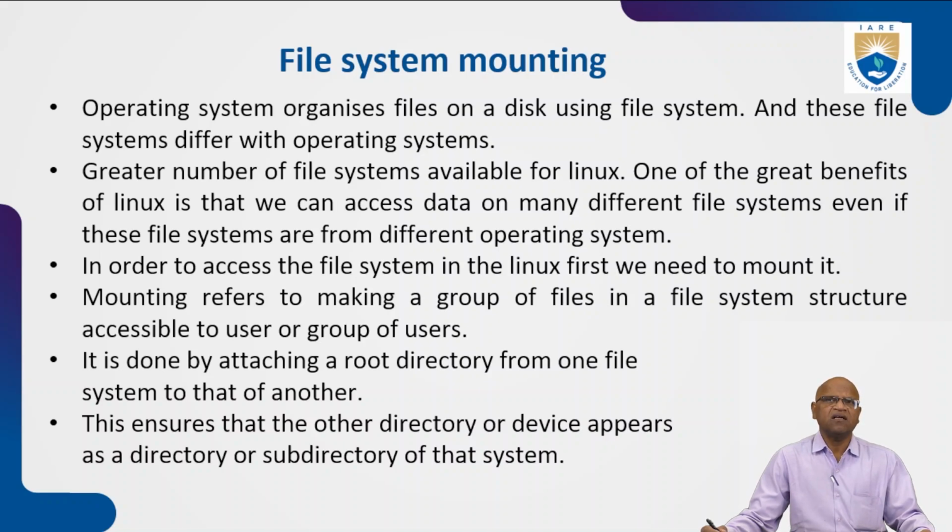Mount means placing the file in a proper order under a directory. It is done by attaching the root directory of one file system to another. This ensures that the other directory or device appears as a directory or subdirectory of the system. Just see the diagram.